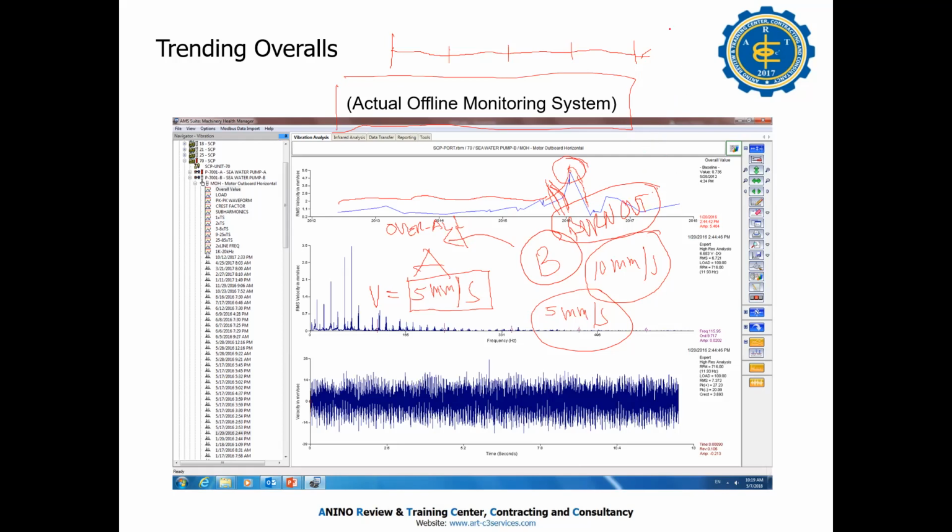They said our technician is very good, they collect data on time, but it is not enough. We have to protect the equipment. The burnout of B happened though our reading was good and consistent.